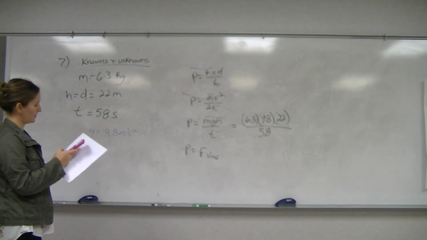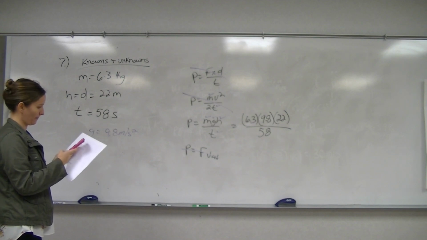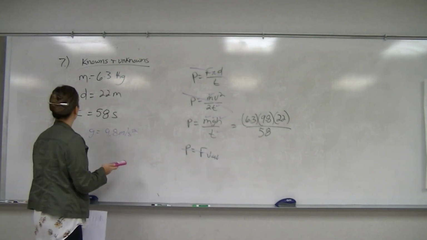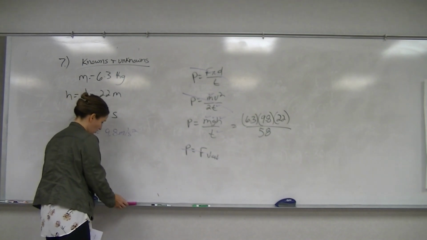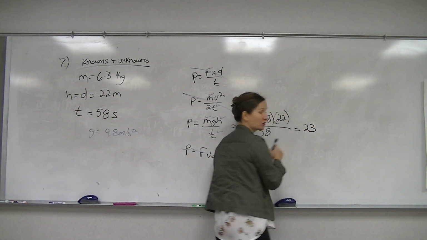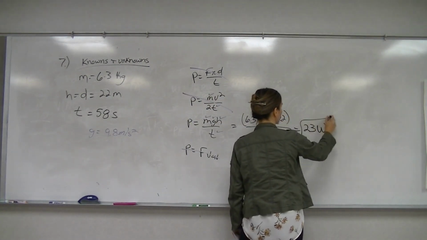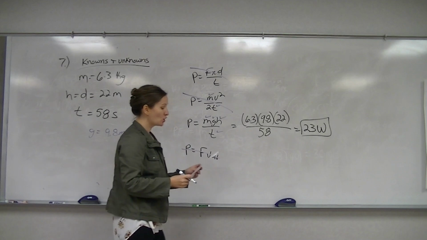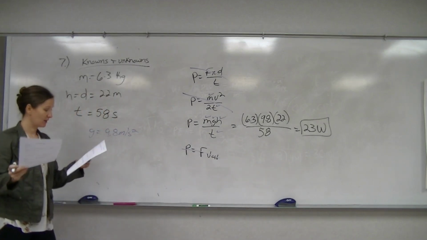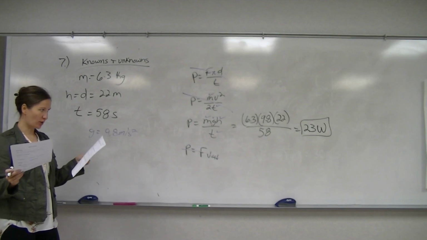Let's see how much power that took. We're looking at 2 sig figs, so it took 23. Power, when using the equations, comes out in watts. So 23 watts.